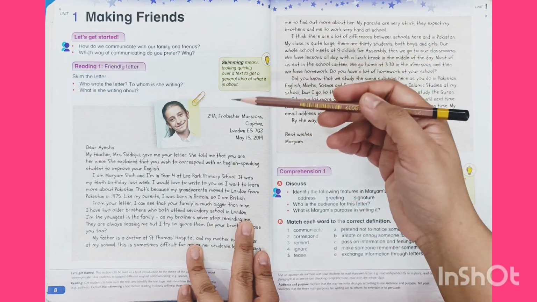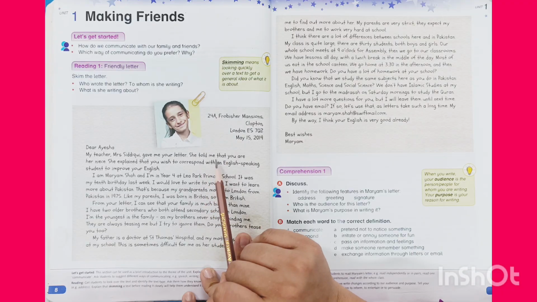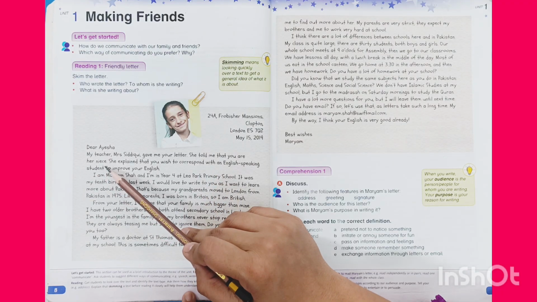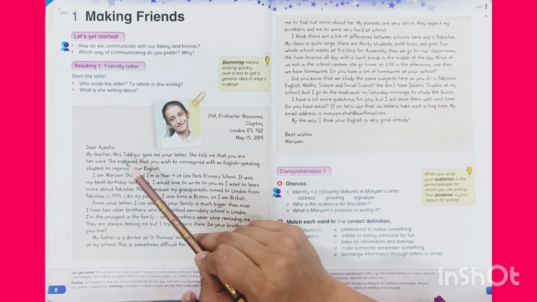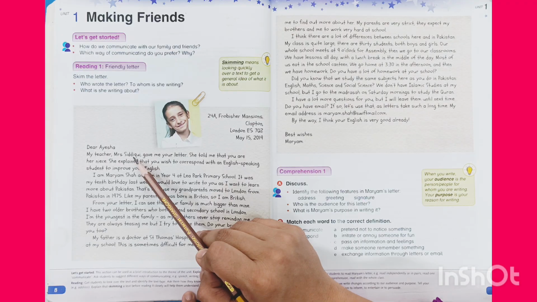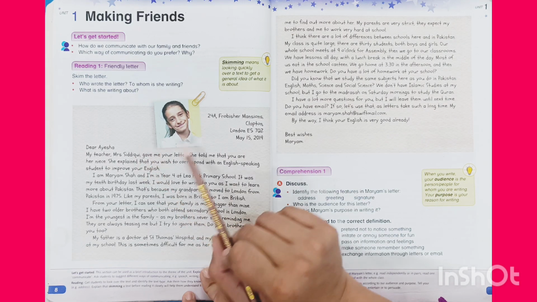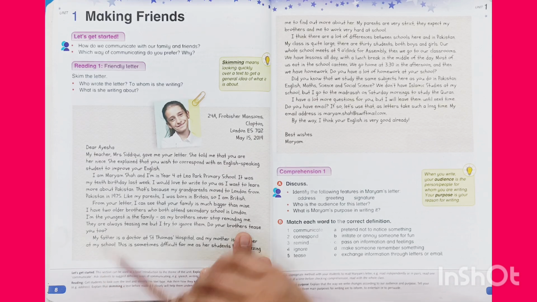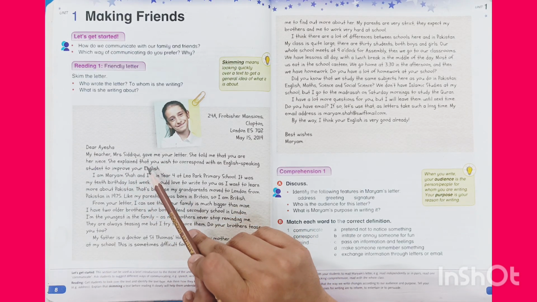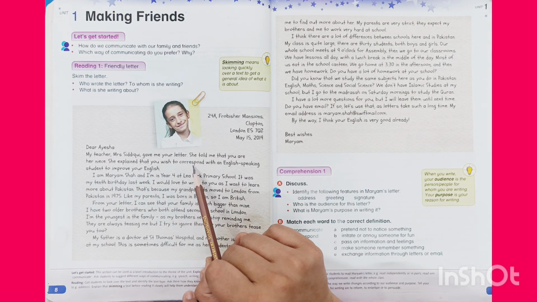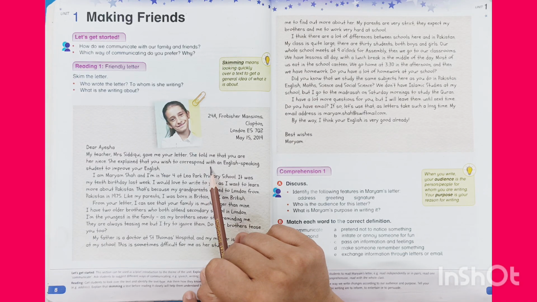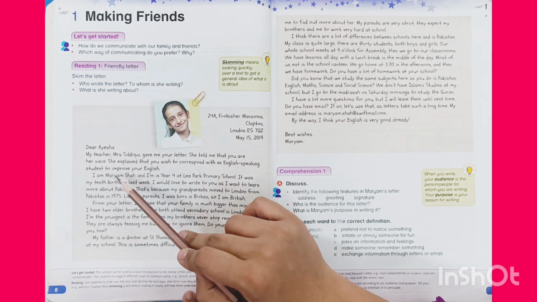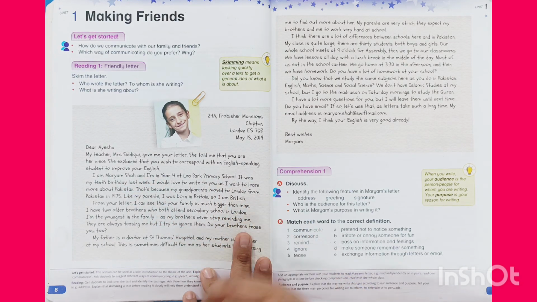She told me that you are her niece. Mrs. Siddiqui is Aisha's aunt. She explained that you wish to correspond with an English speaking student to improve your English.